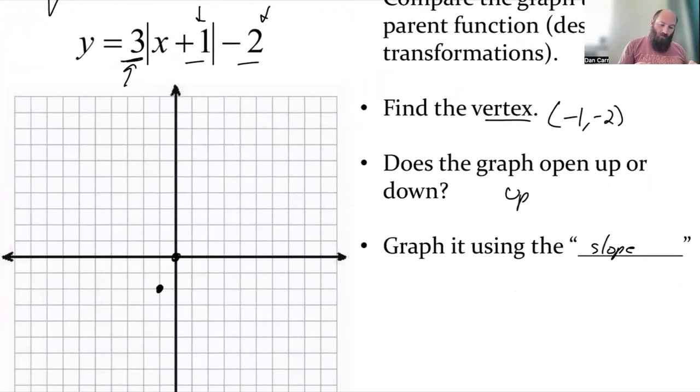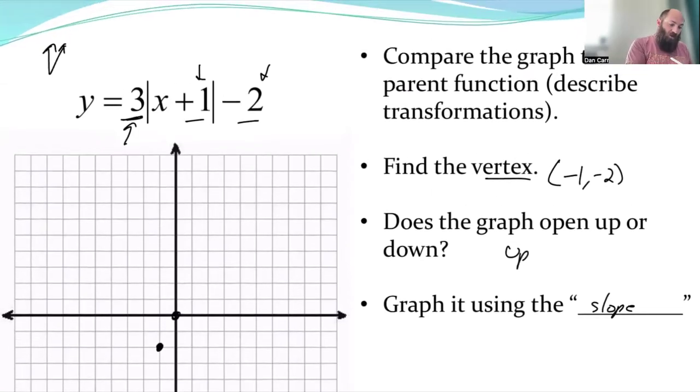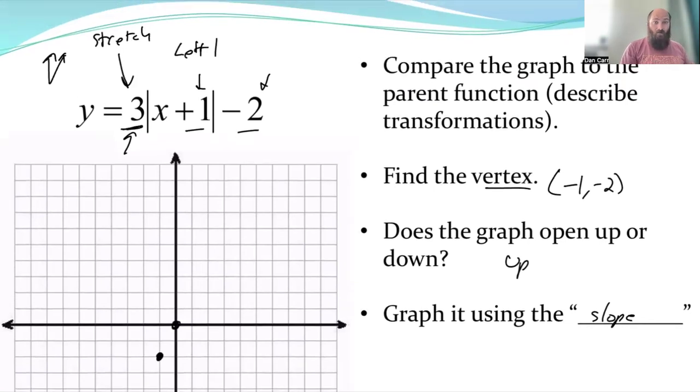We're basically going to treat it like it's a slope then. So if I describe all my transformations, just very informally, we're going to go to the left one, stretch by a factor of 3, and go down 2.